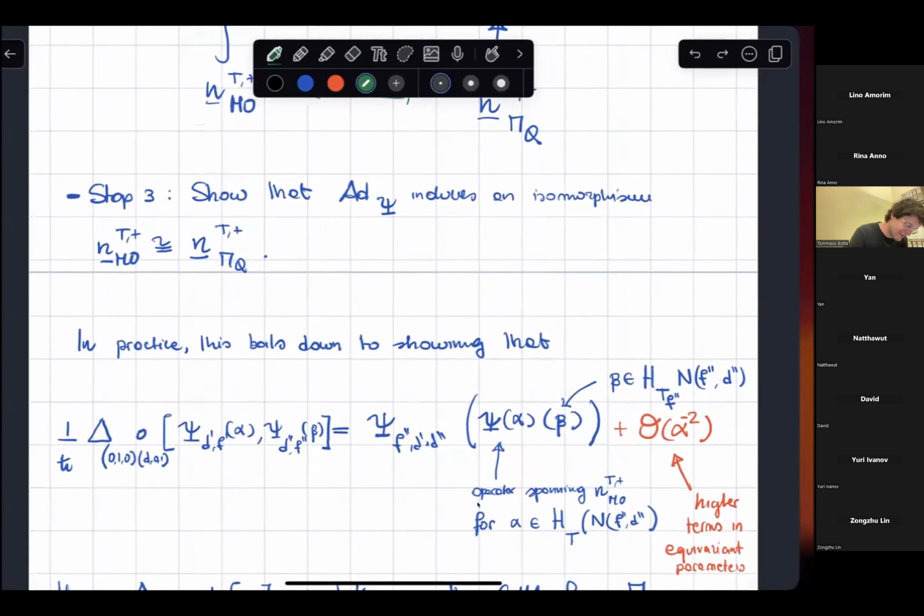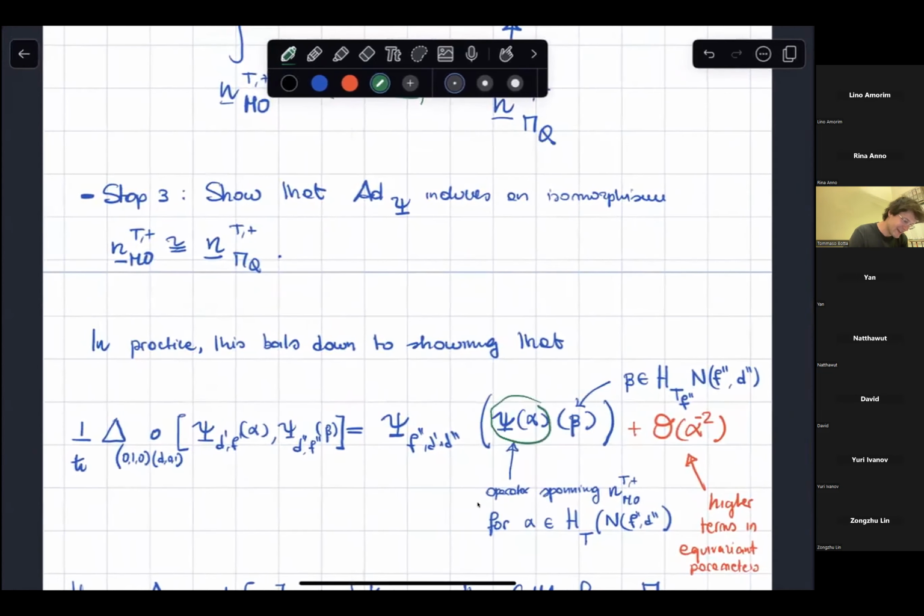So this psi of A was the generator of the BPS, of the Maulik-Okounkov Lie algebra. So psi of alpha of beta was defined by taking some partial trace of the classical R matrix eating alpha times beta.